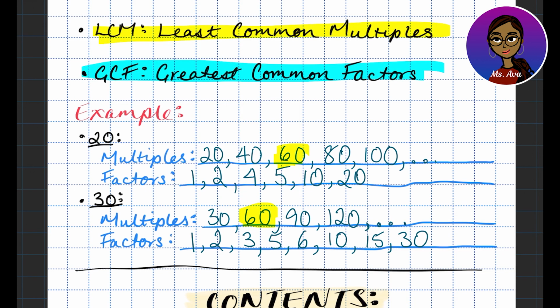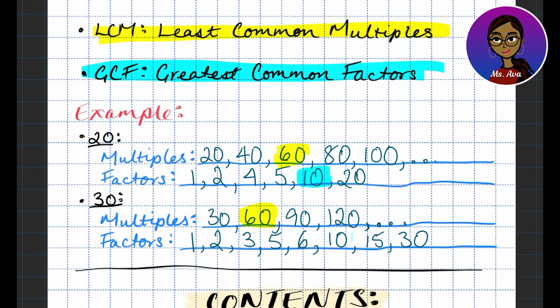Okay, now let's look at the GCF. So GCF, greatest common factor. That means we are looking at the biggest number in both sets of factors. Okay. Is it the 5? No, it's not the 5 because there's a bigger one. Oh, okay. Oh, it's 10.